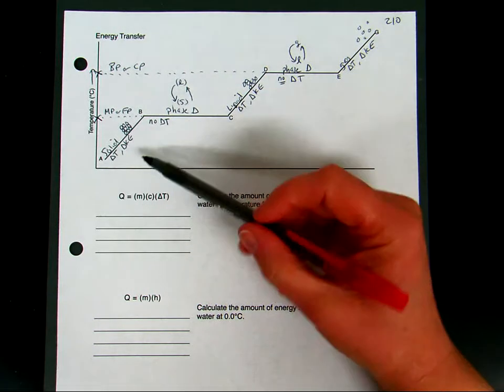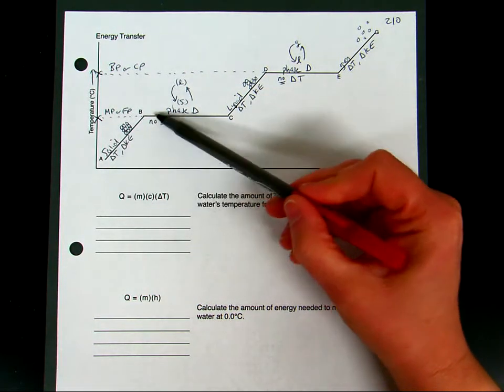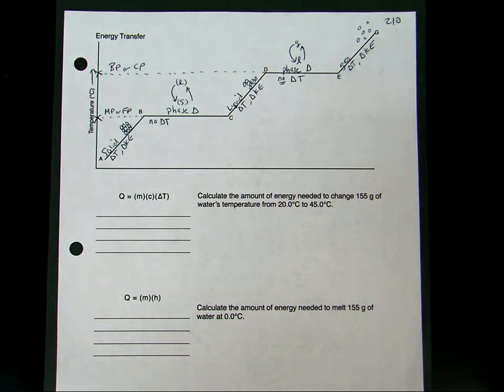Now, we need to be able to make calculations for each of these individual segments. And if you look down lower, you have two basic Q formulas to use.